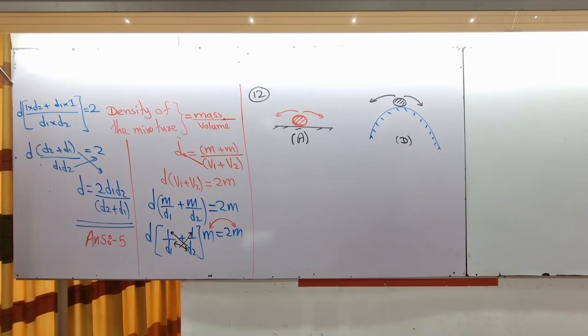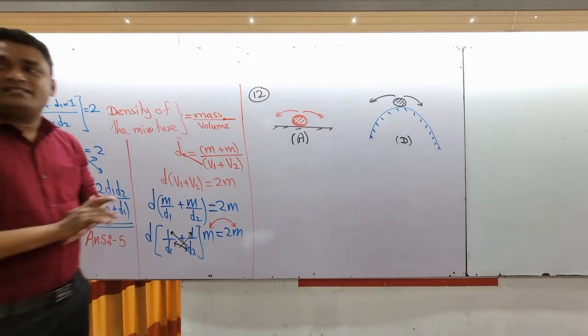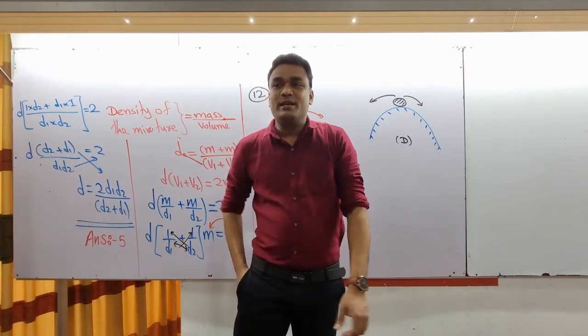Then what about the third kind of equilibrium, which is said to be the stable equilibrium?